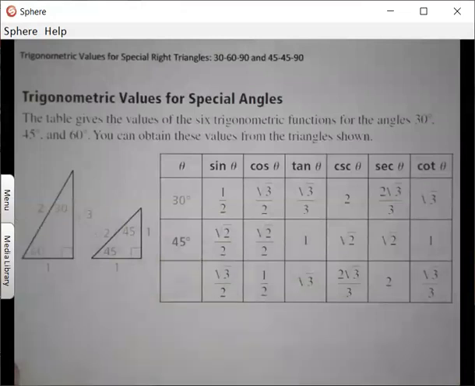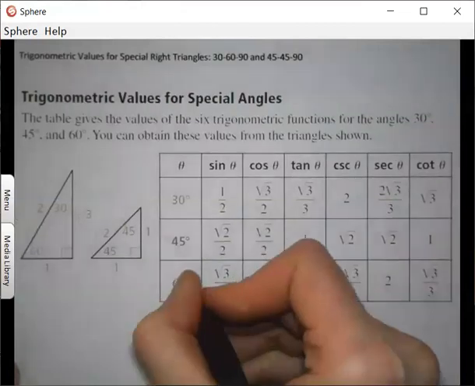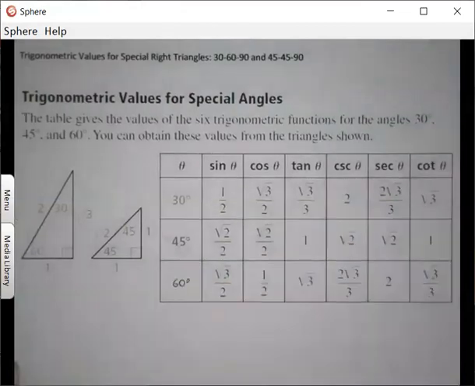So for the 30 degrees, for the 45 degrees, and for the 60-degree angle. Now, these are things you can find yourself using the definition of sine, cosine, tangent, cosecant, secant, and cotangent. And we're just using these triangles here.